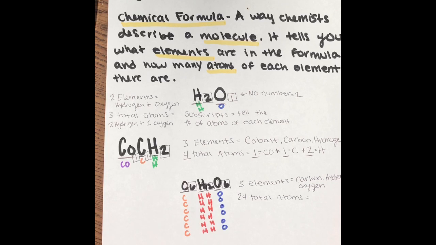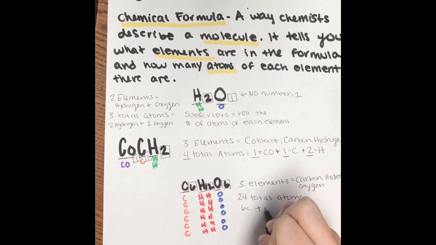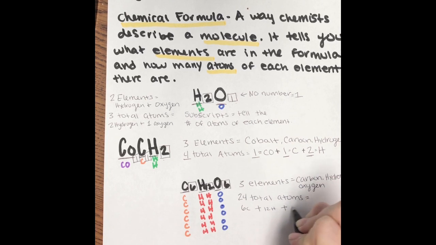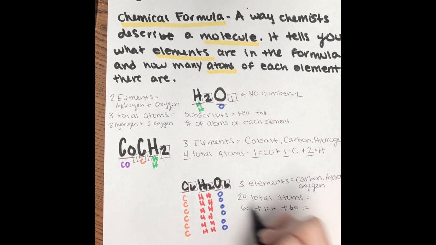Now, if you're more of a visual learner, you could easily just count all of these, or you could just add them together. We have 6 C's plus 12 H's plus 6 O's. So if you add that together, you get 24 total atoms. This is a really quick and easy way to count the number of atoms and elements inside of your chemical formula.